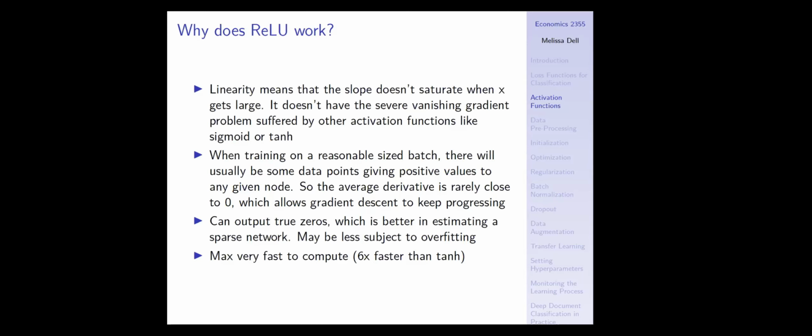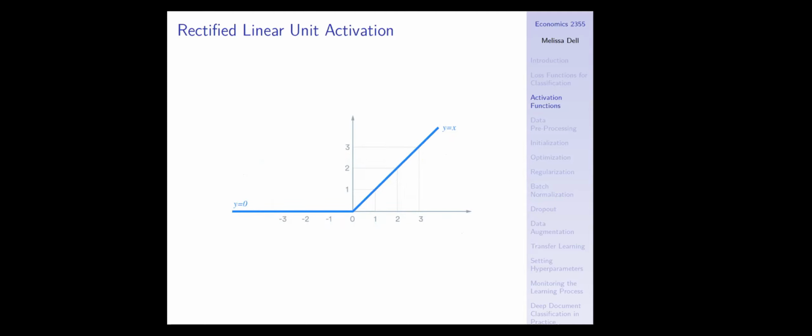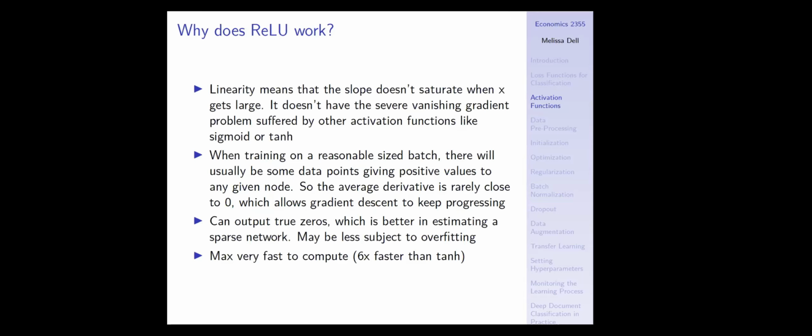piecewise linear. It doesn't have the severe vanishing gradient problem suffered by sigmoid or TANH, because in the positive half of its domain, it doesn't saturate. You do have this entire negative part of the domain where it does saturate to 0.